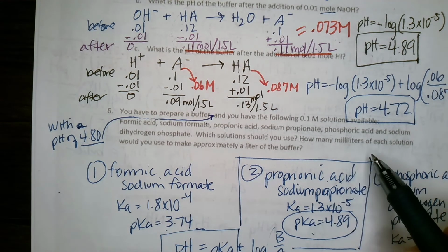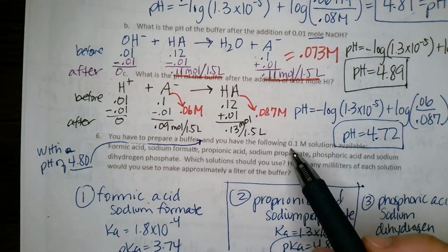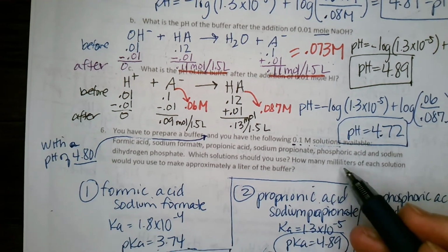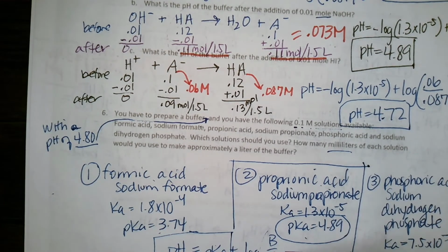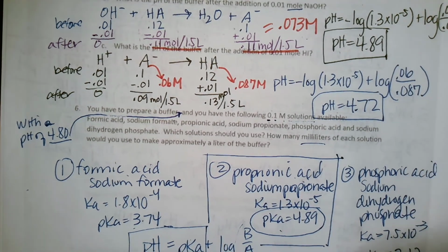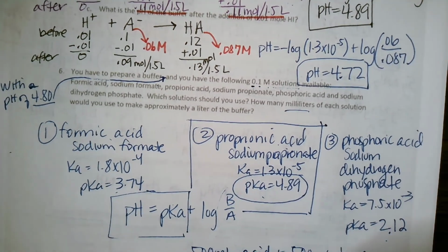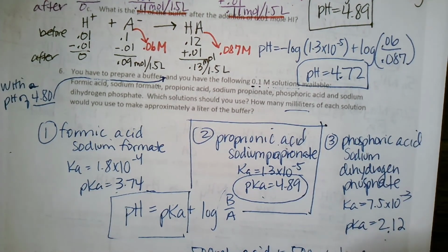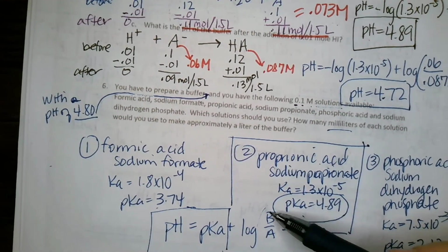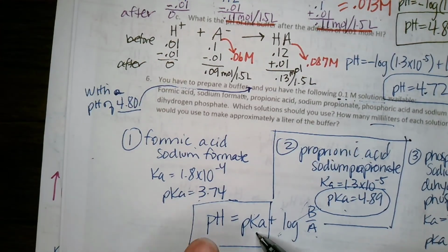So if we have the same number of moles of each of these, which I'm assuming that we do, because we have 0.1 molar solutions, so the same concentration, we would just want 500 milliliters of our acid and 500 milliliters of our base to give us 1,000 milliliters or 1 liter total. Because again, if we have the same concentration, then we take that part of the equation out and we have our pKa equal to the pH.